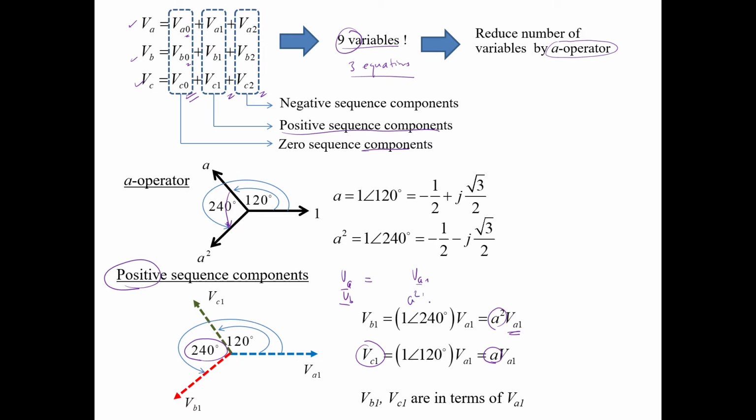A squared VA1. While for the third line, you can express this in terms of A VA1. Now you have reduced the number of variables from VA1, VB1, VC1 to just VA1. You can have just one variable in this column. Is it okay?